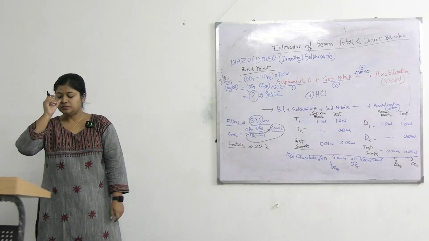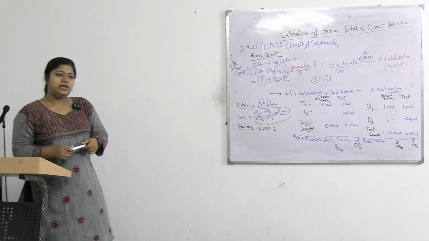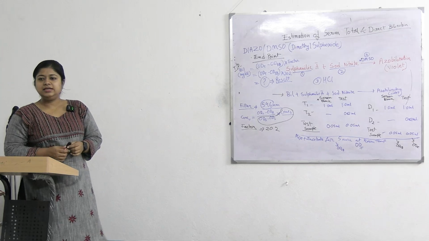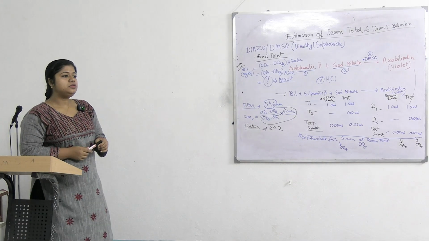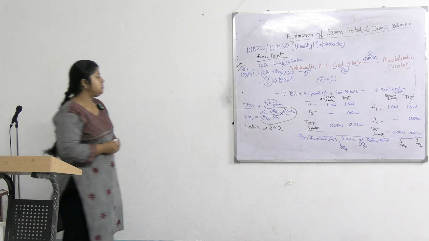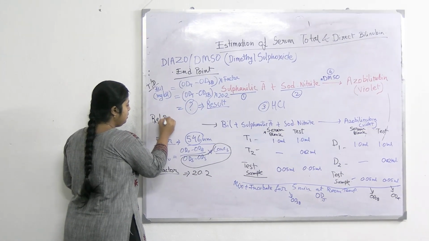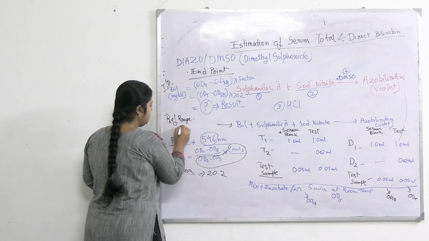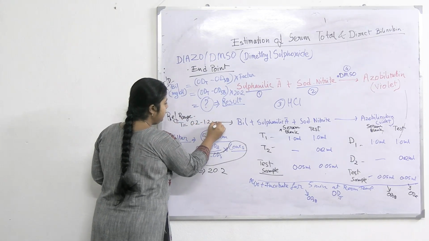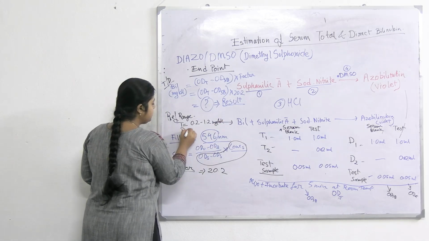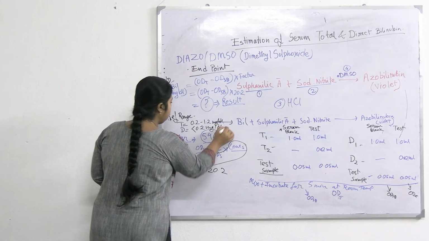Clear? So now comes the clinical interpretation, or result interpretation. To do the interpretation, we should know the reference range also. What is the reference range? Total is 0.2 to 1.2 milligram per dl and direct should be below 0.2 milligram per dl.